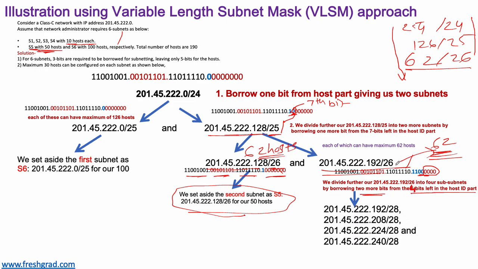And your network will become /28. And /28, how many hosts can you have? 14. /27, you can have 30, and /28, you can have 14 hosts.